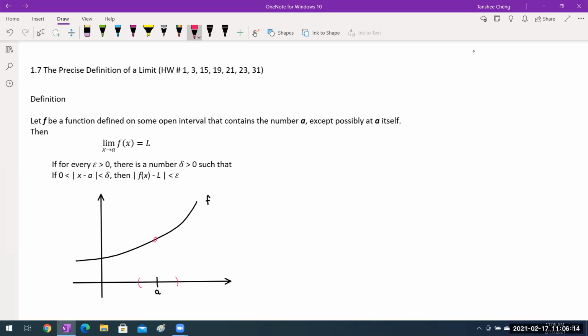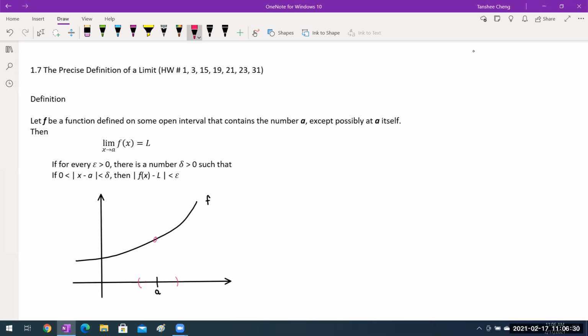If for every epsilon greater than 0, there is a number delta such that the absolute value of x minus a is less than delta, then the absolute value of f of x minus L is less than epsilon.